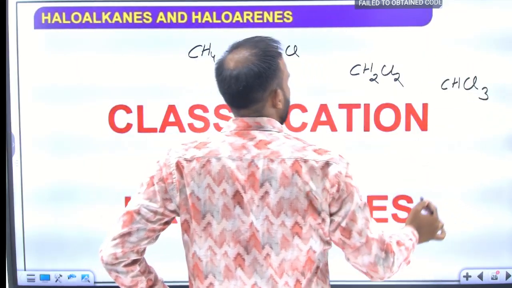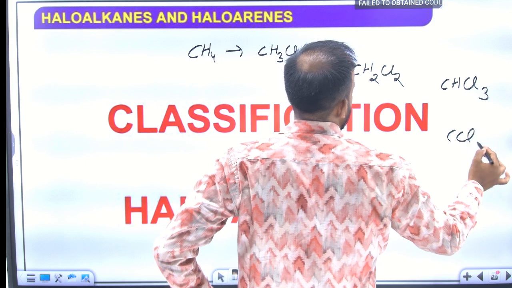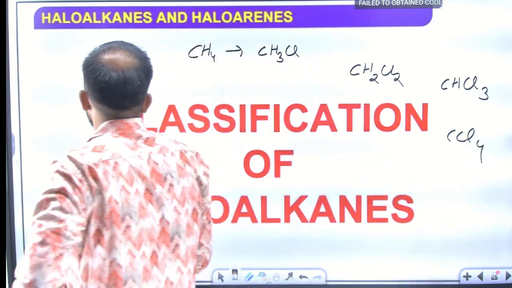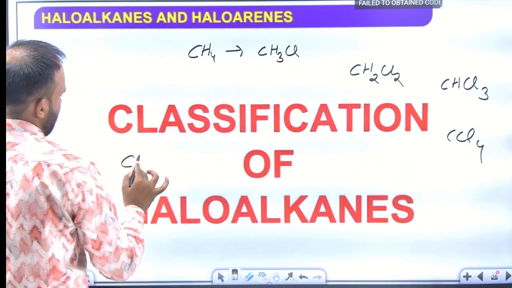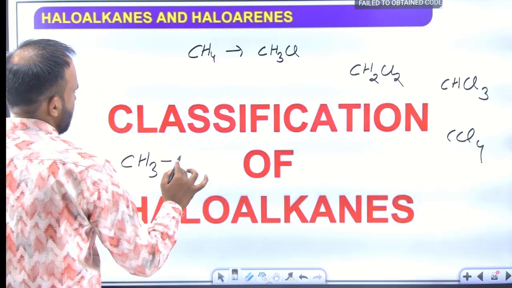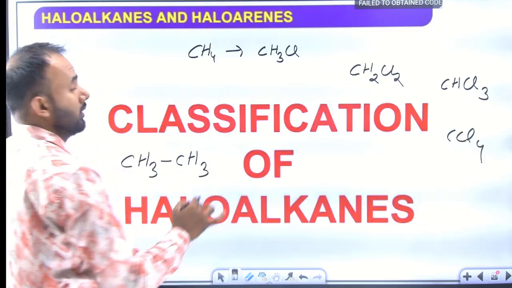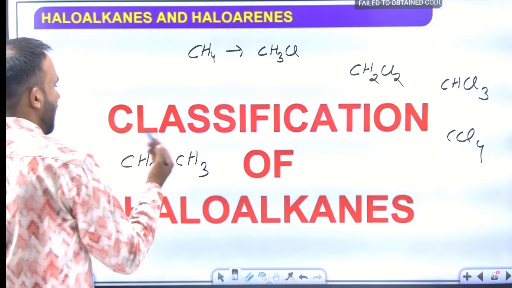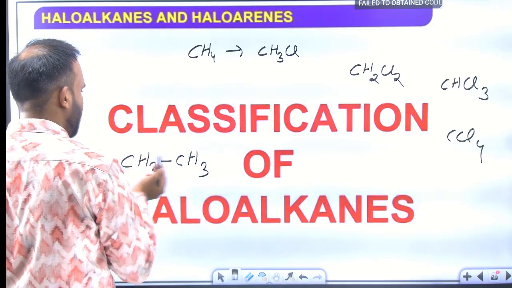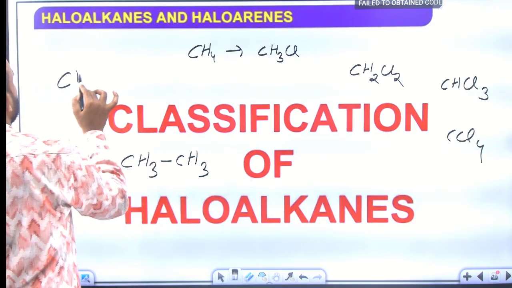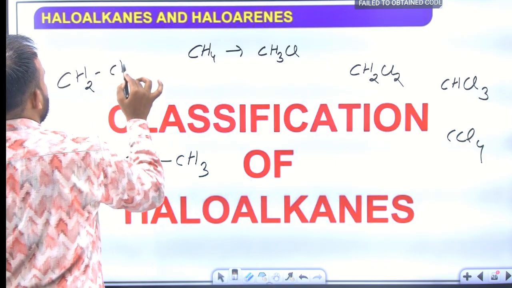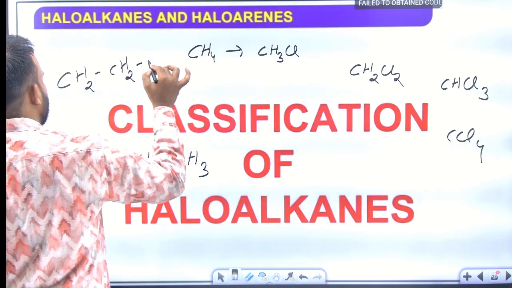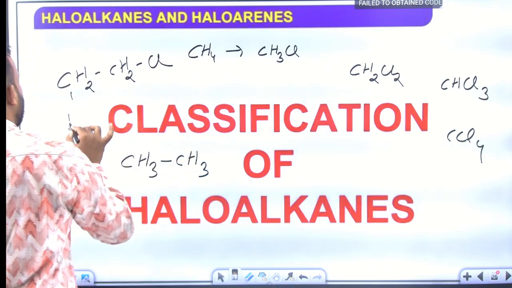If I remove all the hydrogens, then what will happen? CCl4. Some more possibilities are there, just like CH3CH3, the normal alkyl group. If I remove one hydrogen from here and one hydrogen from here, we get CH2 single bond CH2, with one Cl group here and one Br group here.